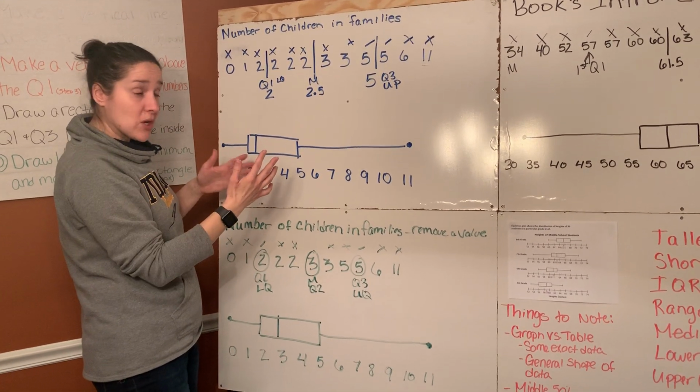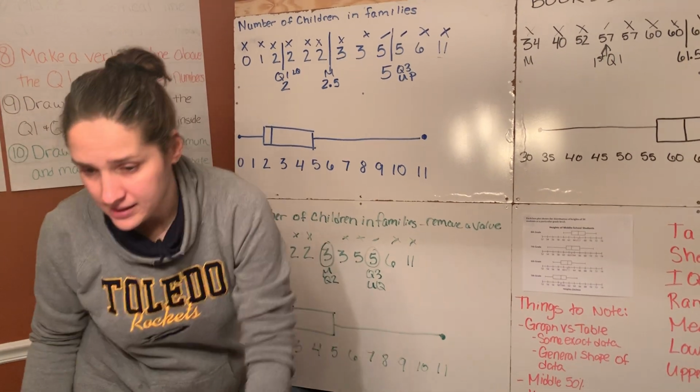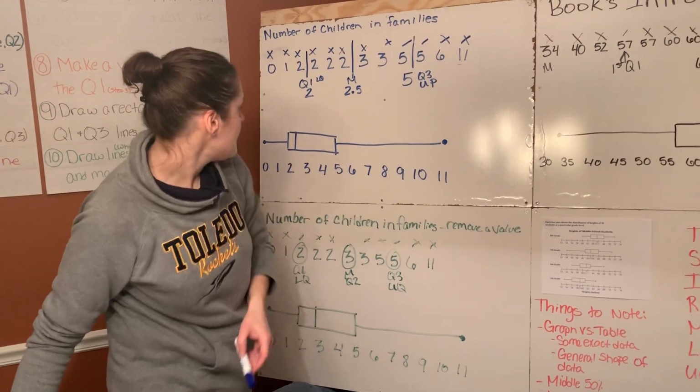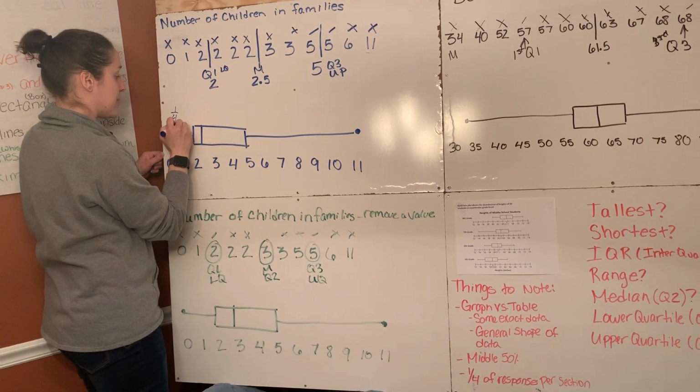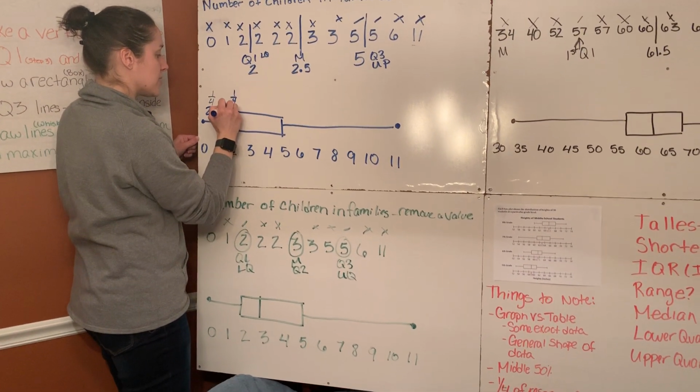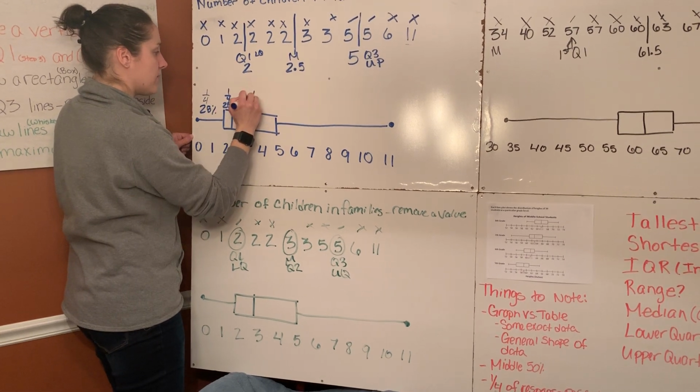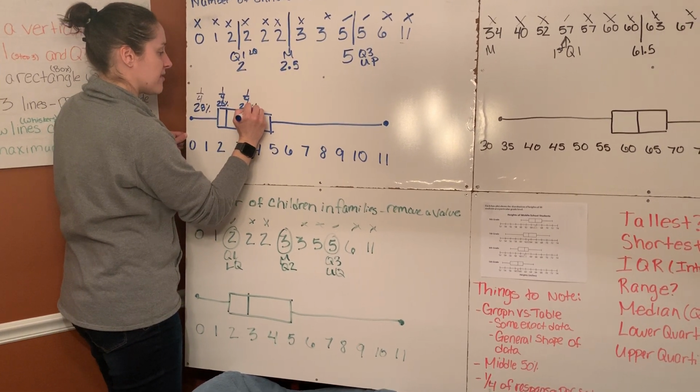What a box and whiskers also shows us is that if this is 1/4 or 25% of my people, every single one of these is worth 1/4 or 25% of my people.